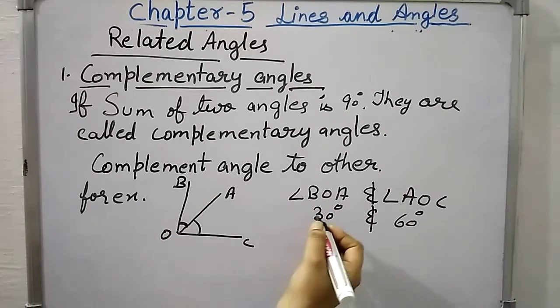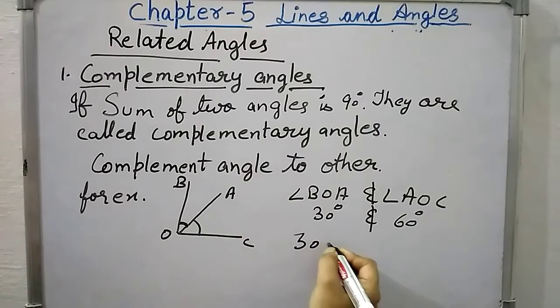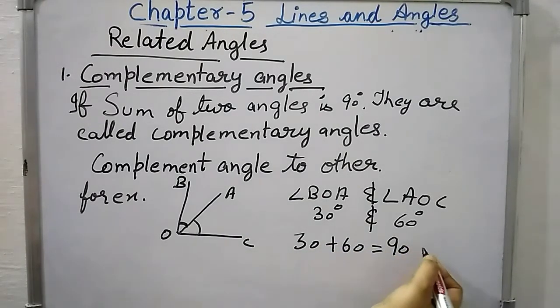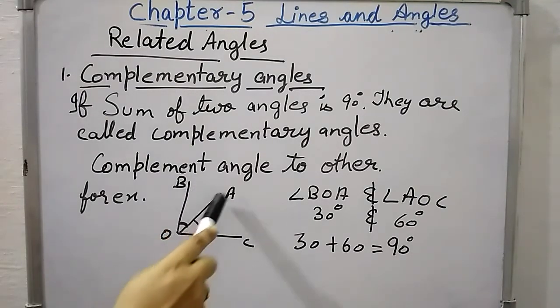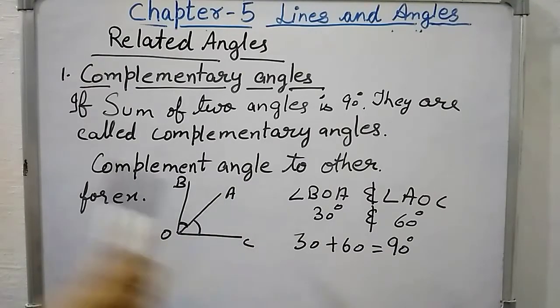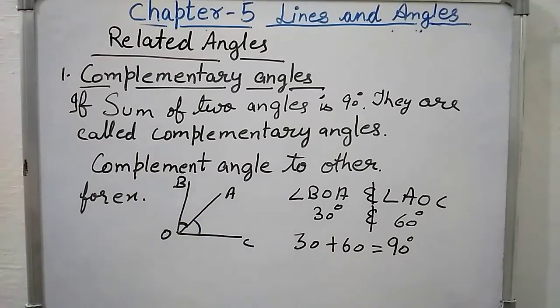So if we add the values of these two angles, we can see it is equal to 90. So that means angle BOA is complement angle to angle AOC, and angle AOC is complement angle of angle BOA. And all together these both are complementary angles.